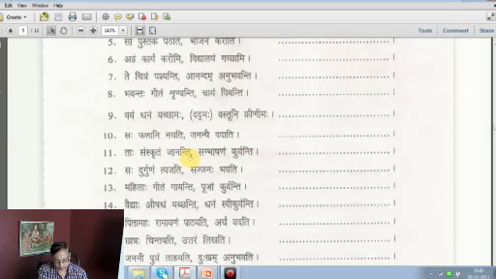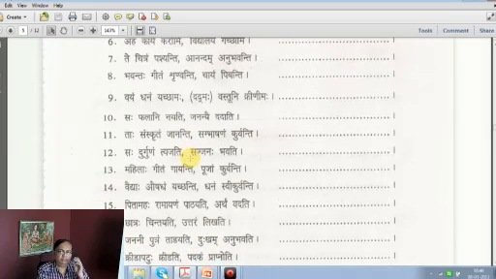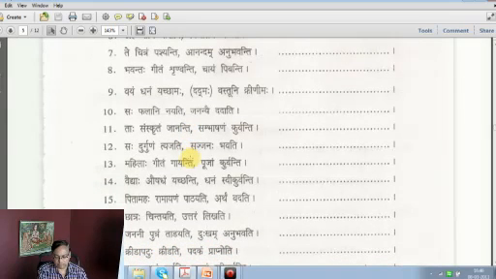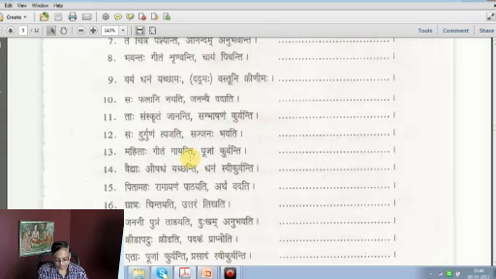Next. Saha Durgunam Tyajati Sajjanaha Bhavati. We have done a similar sentence. Saha Durgunam Tyaktva Sajjanaha Bhavati. He becomes a gentleman, a good person, after giving up the vices. Next. Mahilaha Geetam Gayanti Pujam Kurvanti.